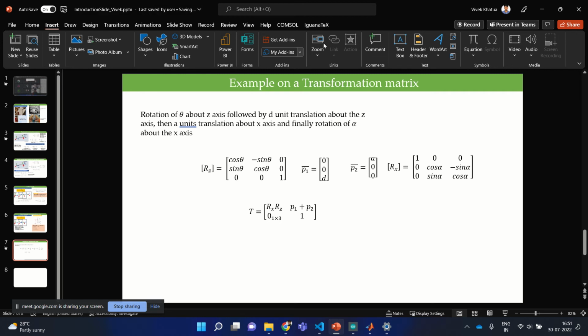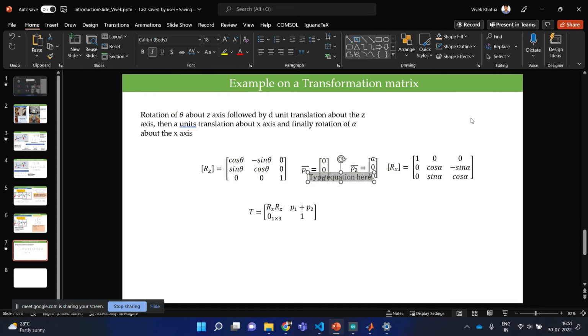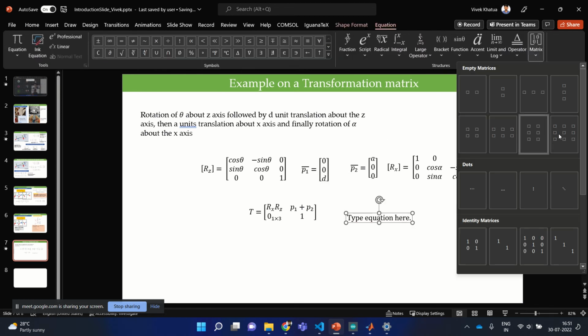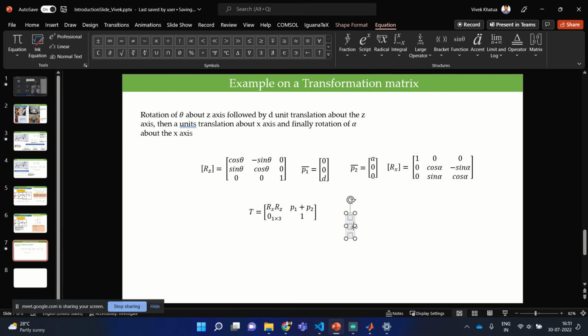Let me just put it here. So you would have 1 0 0 1. This would be your x-axis, and based on that you would find px, py, and pz.